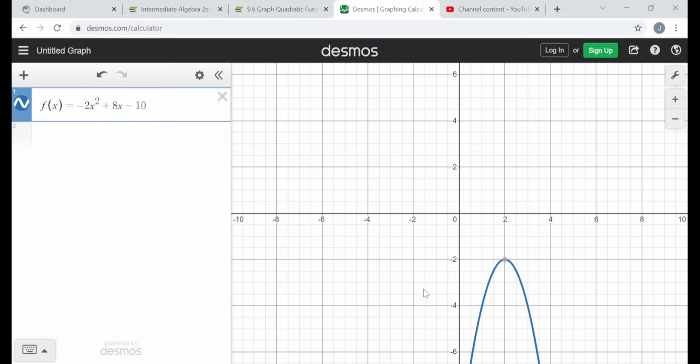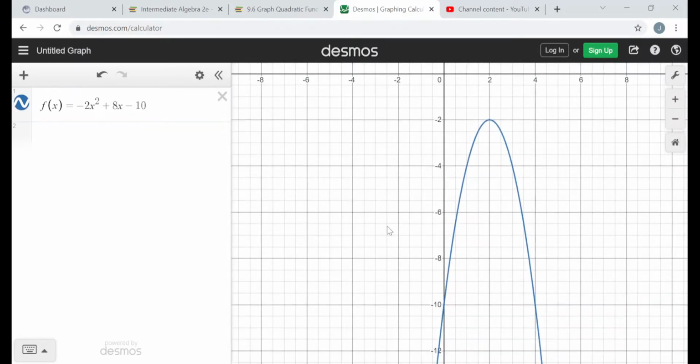The y-intercept is clearly here at 0, negative 10. And if you reflect across the axis of symmetry, you get 4, negative 10. It's there, which I pointed out on my graph by hand.